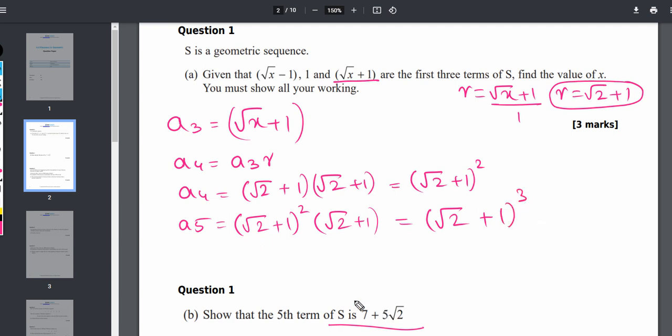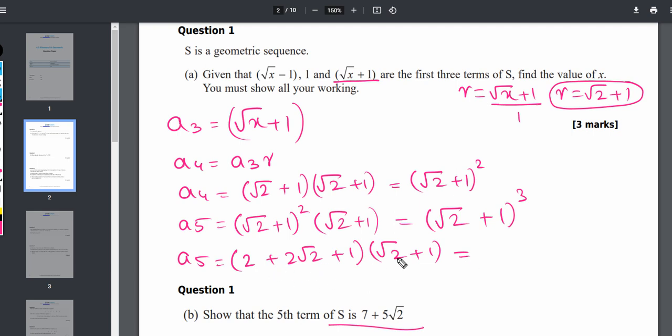So let's expand this bracket and show that our fifth term is 7 plus 5 under root 2. So it will be like this. A5 is equal to, let me just expand this one, then I'll expand this. It's like a squared plus 2 times ab plus b squared, so it's 2 plus 2 root 2 plus 1, times under root 2 plus 1.